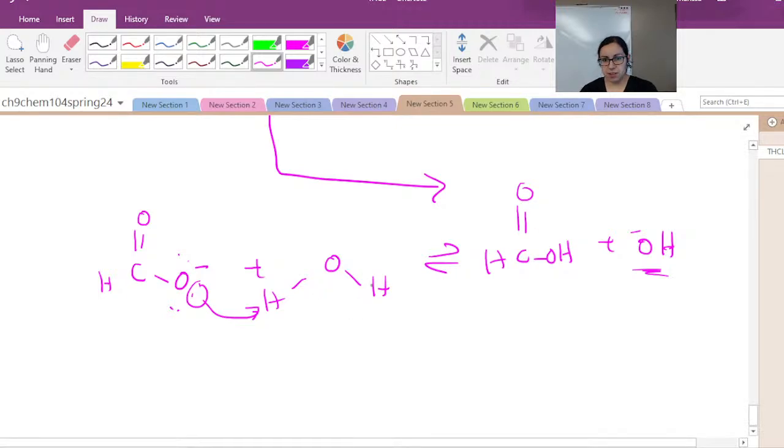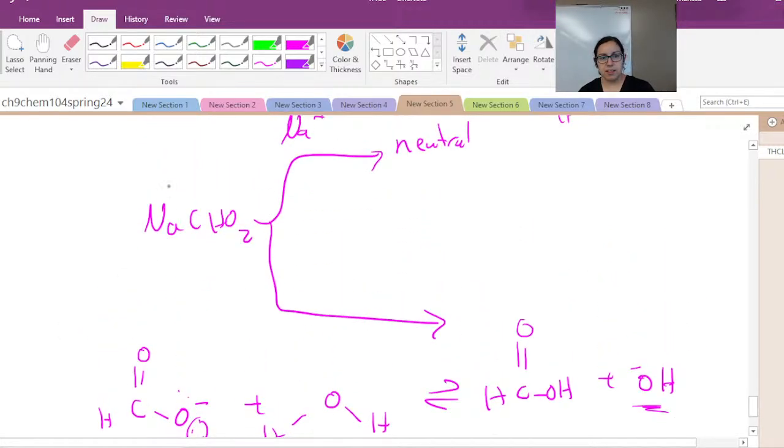So what's the definition of a base? It makes hydroxide, so that means that our formate is basic. So the CHO2 is basic. Does that make sense to everybody, what happened there?